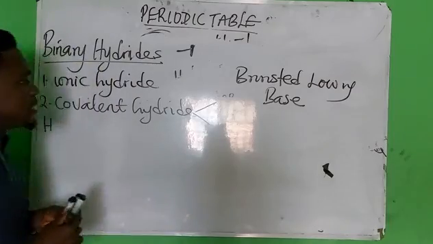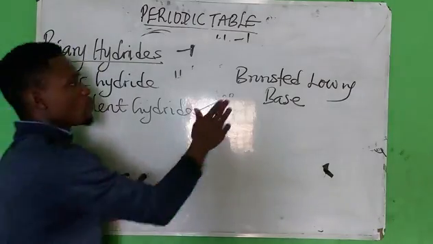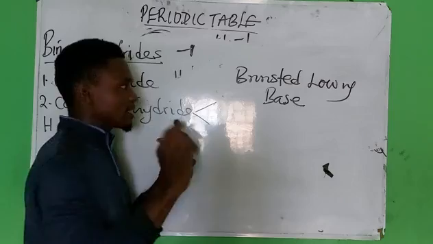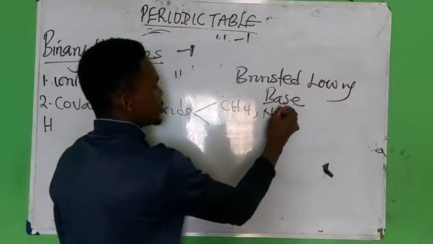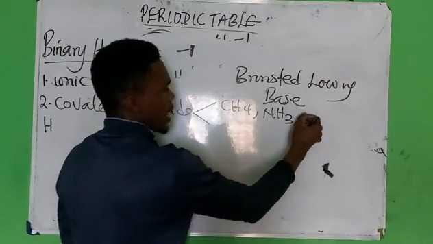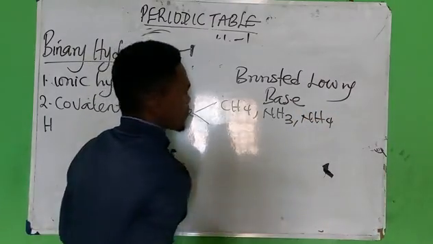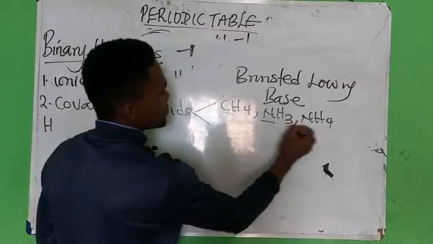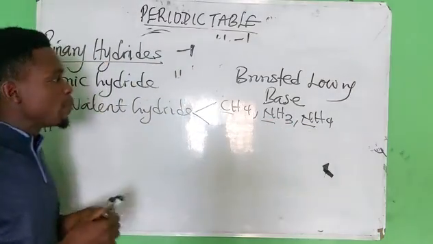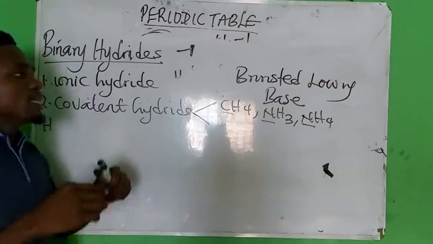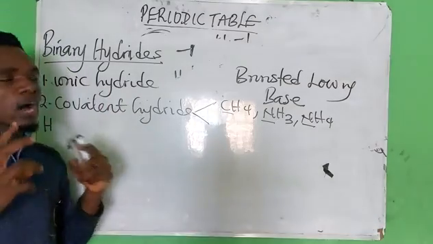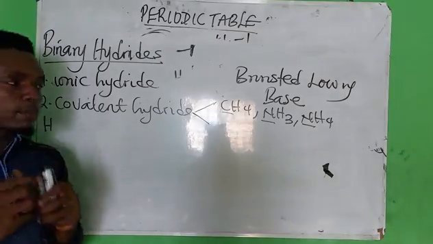We have the hydrides that contain discrete units, such as CH4, NH3, NH4. You see, they have discrete units. But there are some covalent hydrides that have a large number of units, or they are polymers.